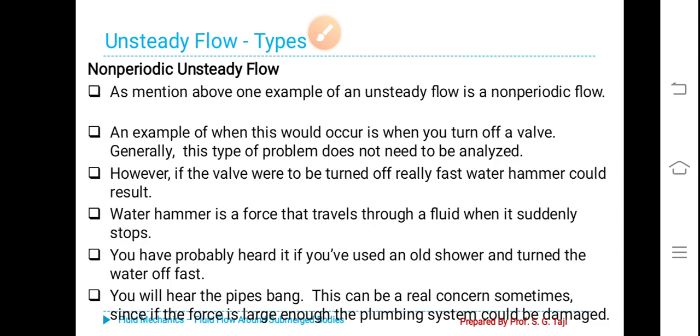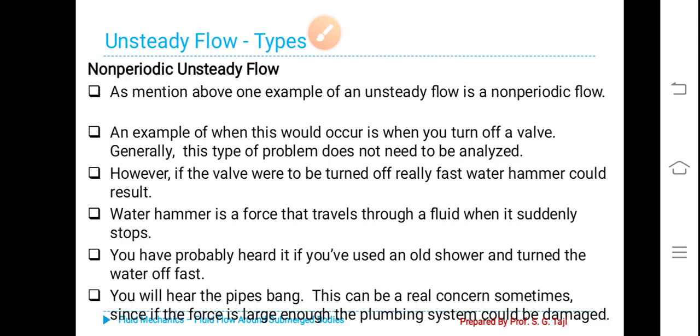Since change in velocity and momentum is involved, the problems become a little bit difficult to solve. There are different types of unsteady flow, namely non-periodic unsteady flow, periodic unsteady flow, etc. We will see one by one.